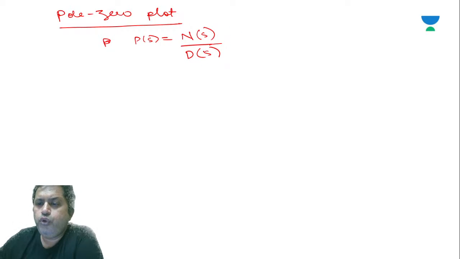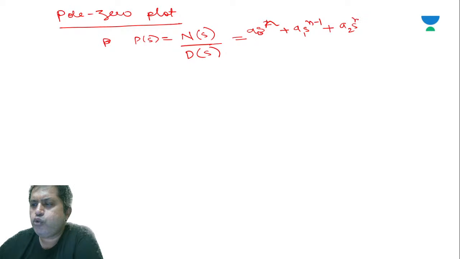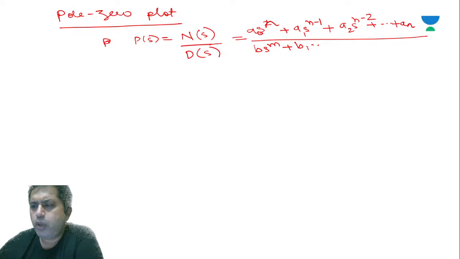Let us see how to use both. It is N(s) over D(s), where N(s) is a0 s raised to n plus a1 s raised to n minus 1 plus a2 s raised to n minus 2 plus dash dash dash plus an, divided by b0 s raised to m plus b1 s raised to m minus 1 plus b2 s raised to m minus 2 plus bm.